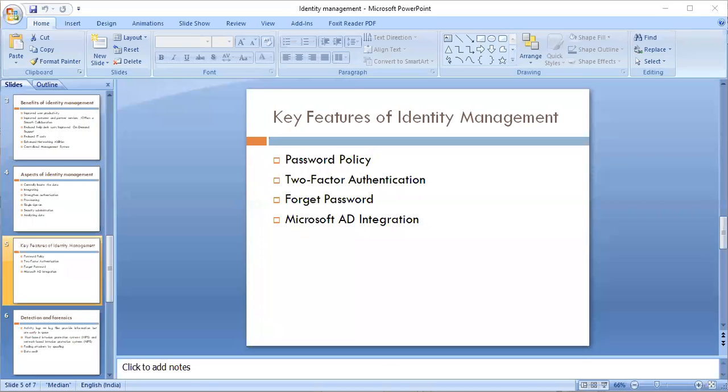So next we are having key features of identity management that we have talked about very initially in the session. So हमारे पास mainly चार features हैं identity management के. The one is password policy.